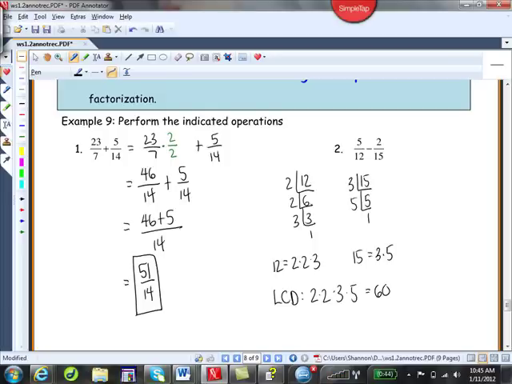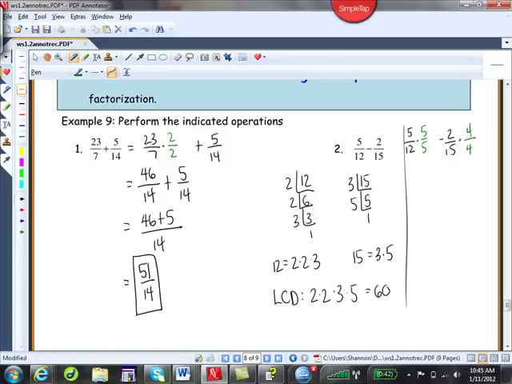So now 5/12, I'm going to leave a space, minus 2/15. This one's going to have to be adjusted by 12 times what equals 60? Good. 5 over 5. What about this next one? 15 times what number is 60? Great. 4 times 15 is 60.